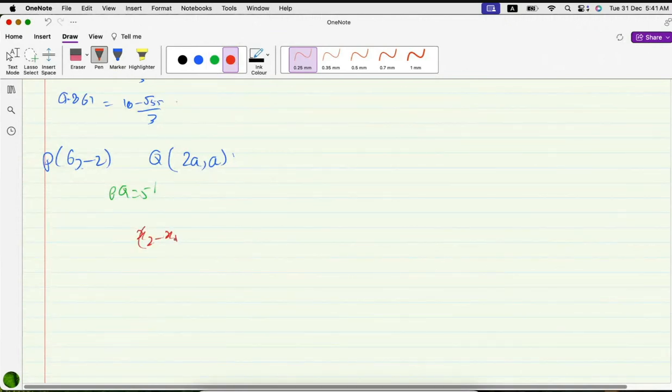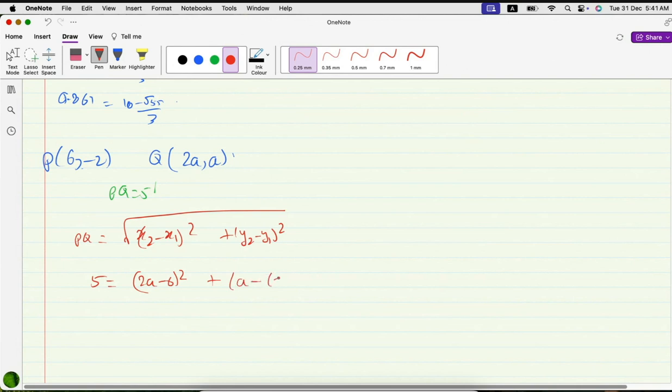The distance is the square root of x2 minus x1 whole square plus y2 minus y1 whole square. So 5 is equal to the square root of x2 minus x1 whole square plus y2 minus y1 whole square.